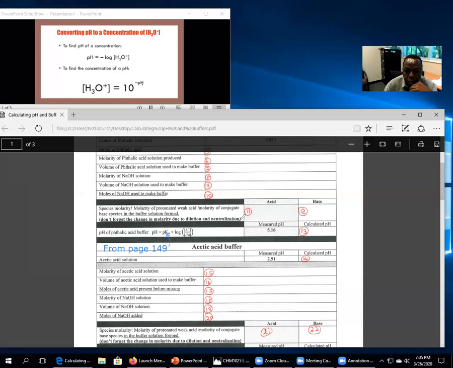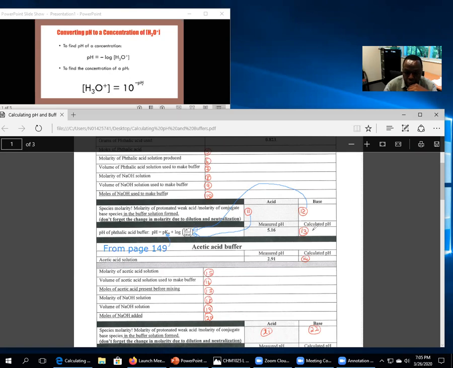Now, from the Henderson-Hasselbalch equation, the acid and the base come from here. So the molarity of the acid will be your denominator. For your numerator, it will be line 12 here. From line 12, it will be your numerator, to find line 13.